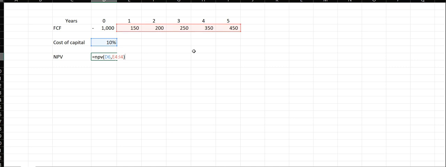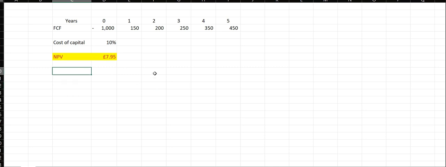Then to calculate the net present value, you need to take the total cash inflows, plus, in the sense of minus, your cash outflow. Then you will get 7.95. Okay, 7.95 is the net present value. So this is the first method where you can calculate the net present value.